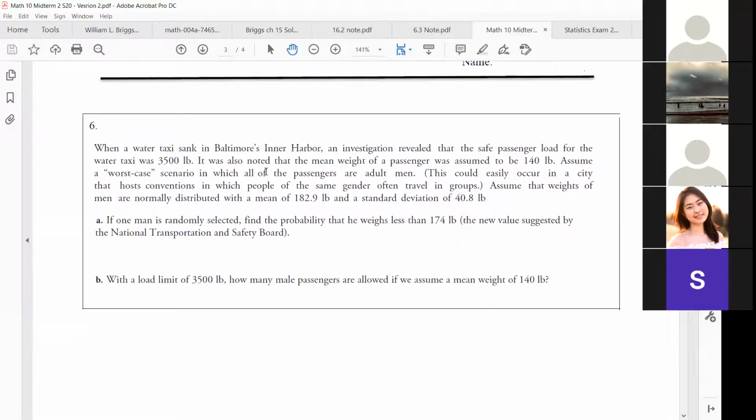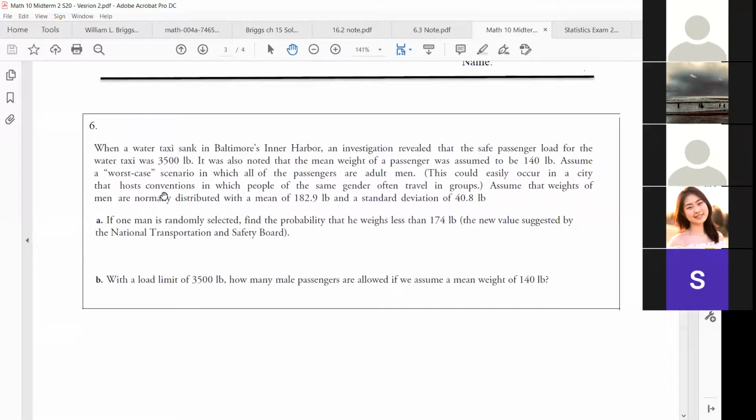It was also noted that the mean weight of a passenger was assumed to be 140. Assume a worst case scenario in which all of the passengers are adult men. This could easily occur in a city that hosts conventions in which people of the same gender often travel in groups. So there is a possibility there.